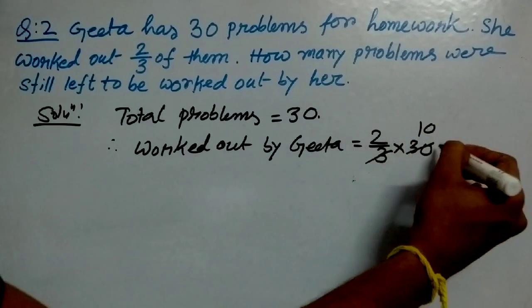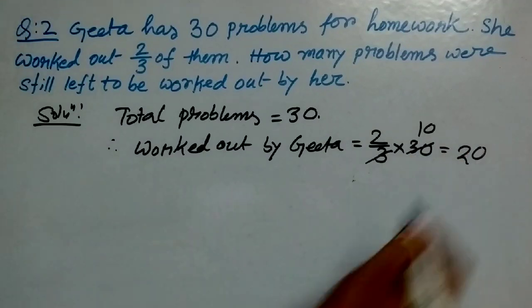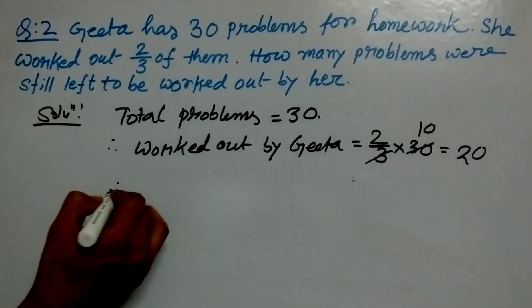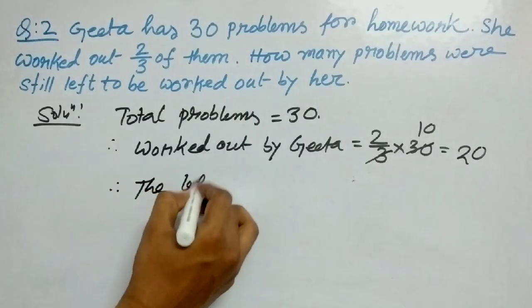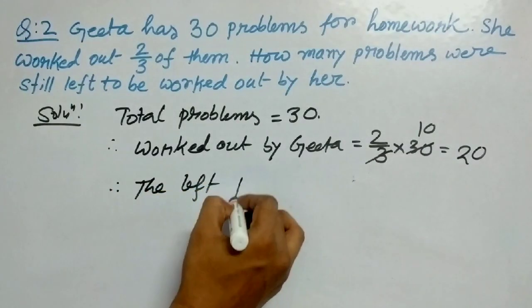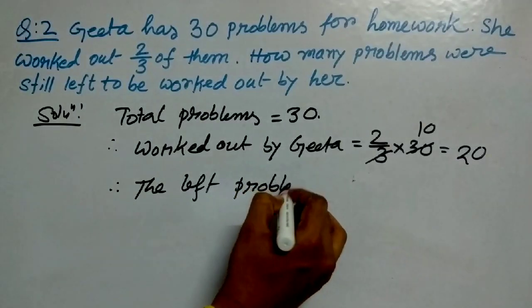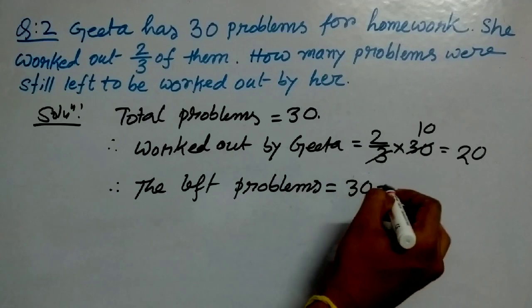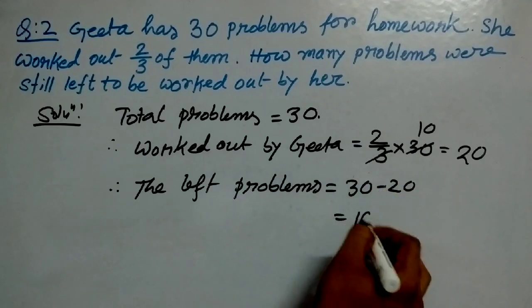So I can write it here 20. The question is how many are left. Therefore the left problems equal to 30 minus 20, that is 10.